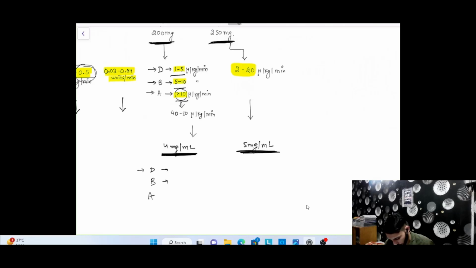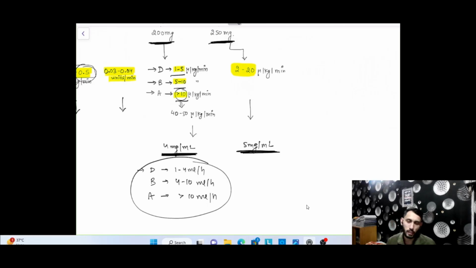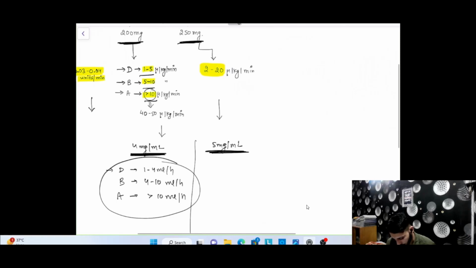So if we calculate the flow per hour, this will come as 1 to 4 ml per hour, 4 to 10 ml per hour, and more than 10 ml per hour. The method is very similar to what we have done for ADR, NORAD, and vasopressin. Just take an example of a normal adult 60 kg male, and you'll get to know why we have selected this rate. And then the dobutamine.